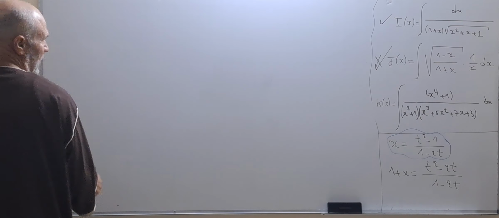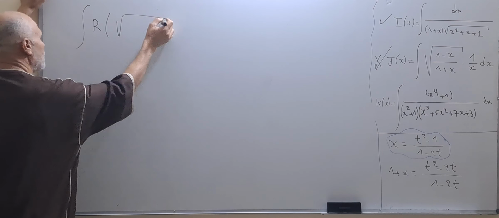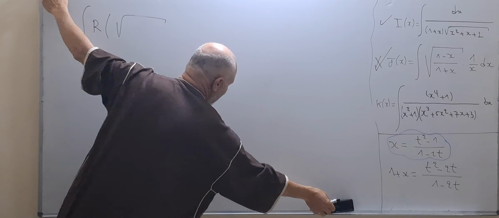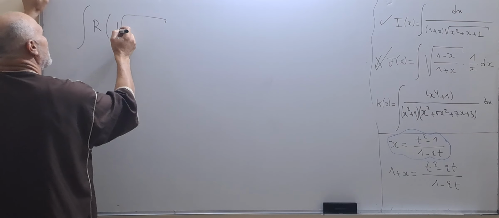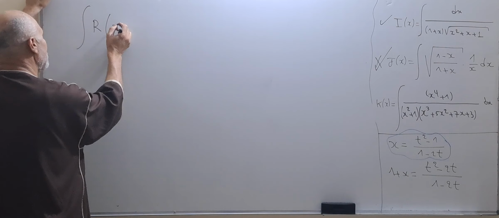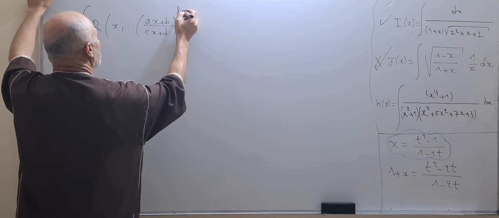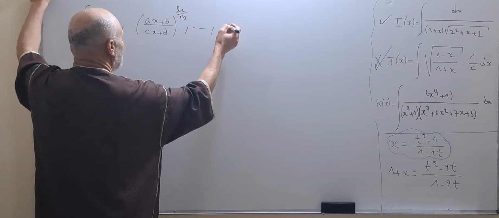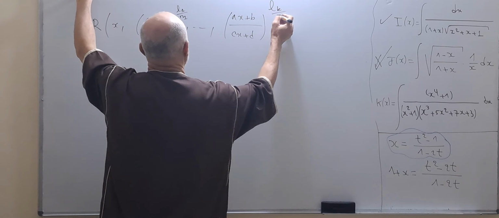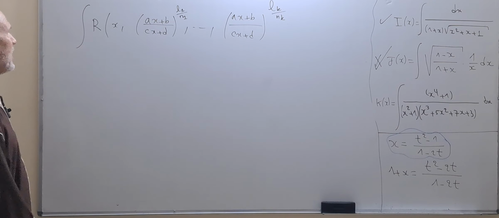For the second one, this integral is of the form: a fraction of the square root of (ax plus b over cx plus d) to the power l1 over n1, and so on up to (ax plus b over cx plus d) to the power lk over nk, such that the l's and n's are natural numbers.